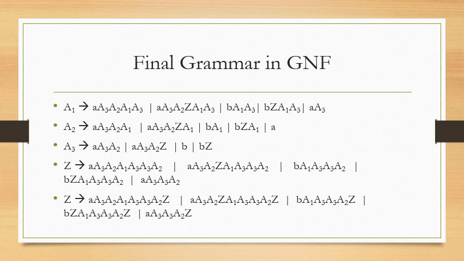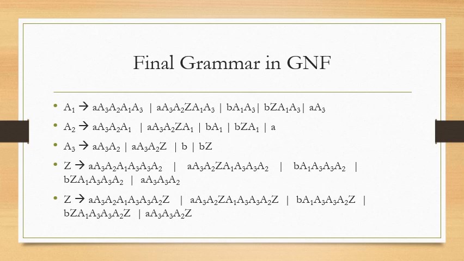So we have seen two examples. In the first example, you arrived at the GNF with only direct substitutions. In the second example, we arrived at the GNF by introducing ordering among the non-terminals, and when you check for the i and j values, you had left recursion, and to eliminate left recursion, you had to introduce a new non-terminal.